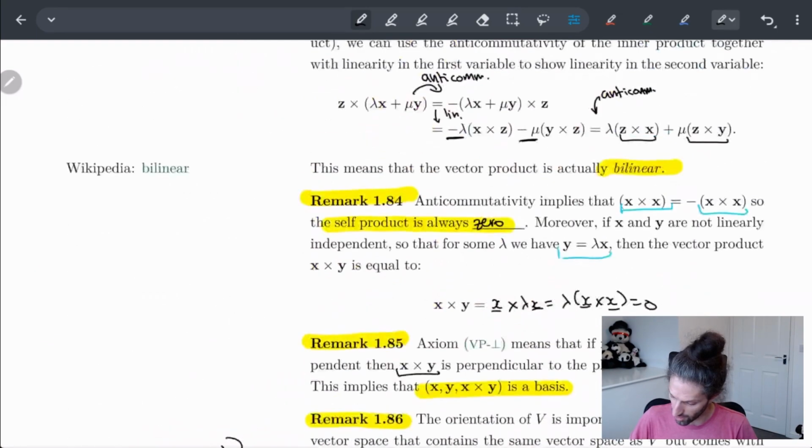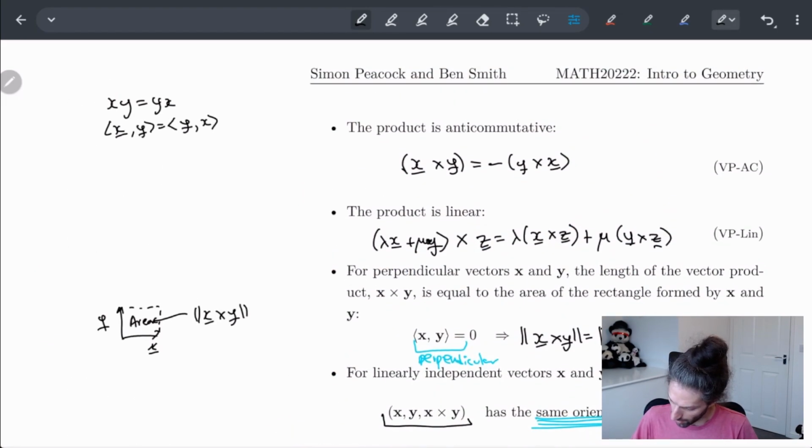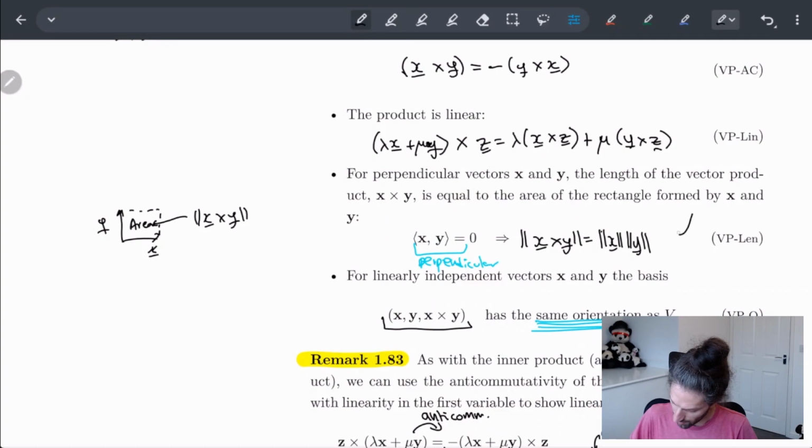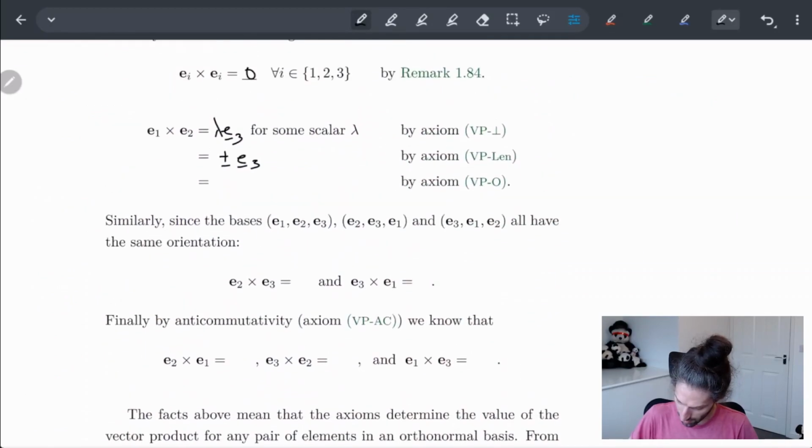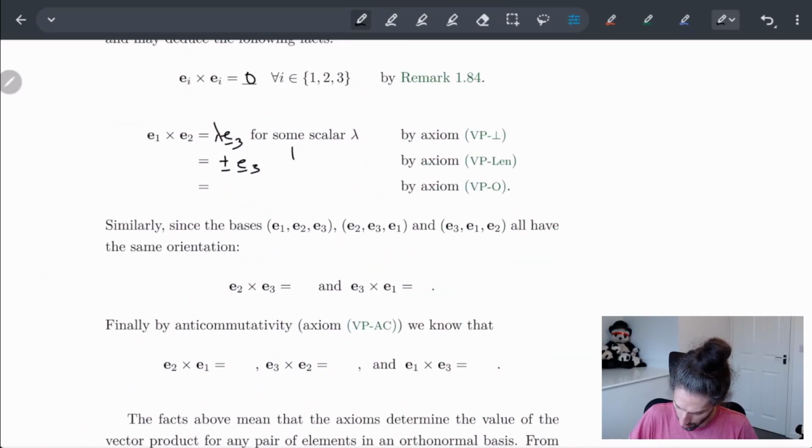So the length condition here, if we recall, is precisely this. Since they're perpendicular, then it has to just be x times x. So this is equal to E1 times E2, which is equal to 1 times 1.